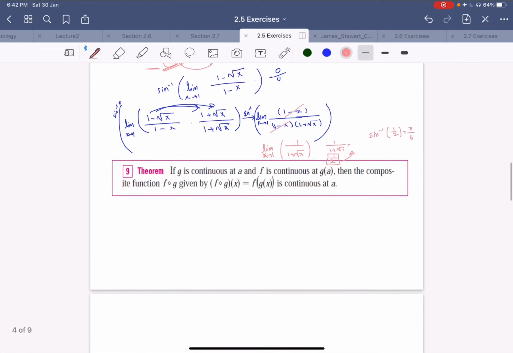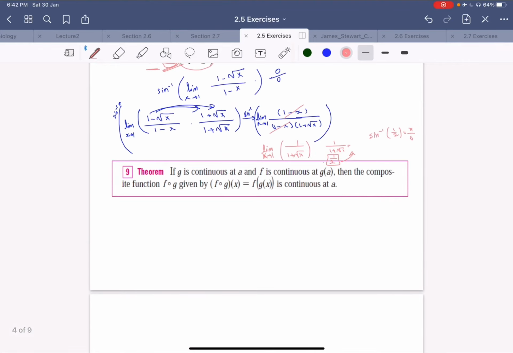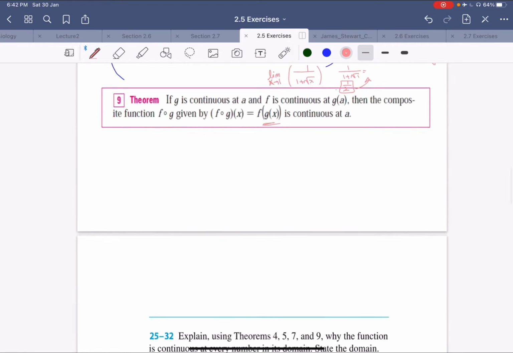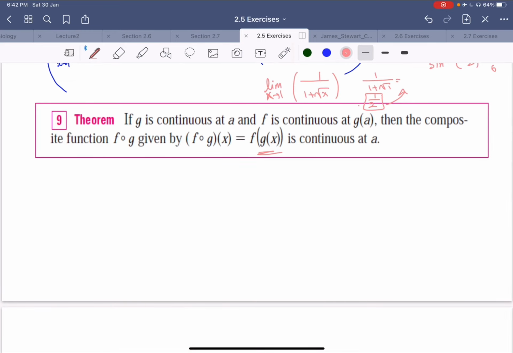Now, if g is continuous at a and f is continuous at g of a, then the composite function f of g, given by f of g, which we were calling f o g, equals f where in place of x we put the whole g of x, is continuous at a. So for example, we had f of x equals x square and g of x equals 3x minus 1.